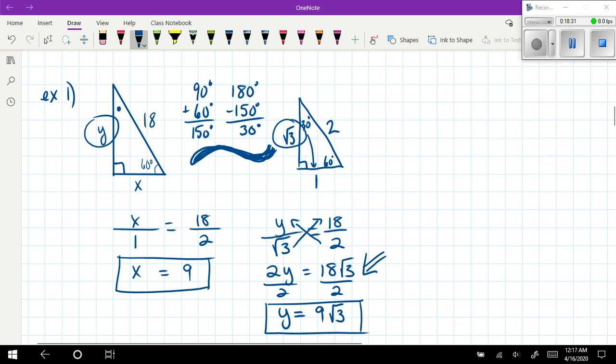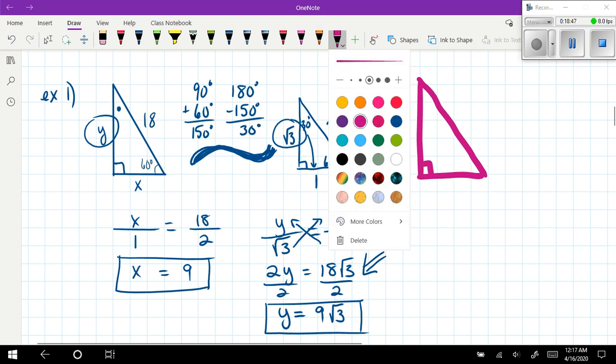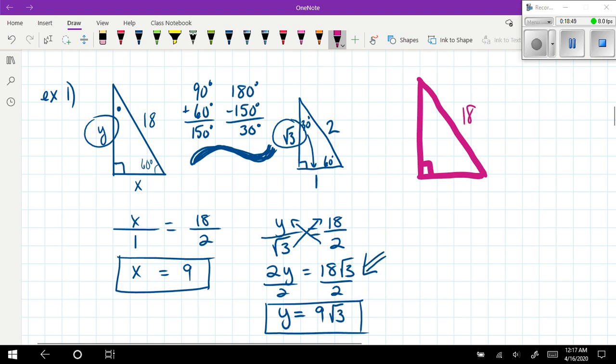I just want to play around with this slightly, just kind of quick like. I'm going to switch colors here, maybe go for purple for a minute. If this were given to me and I've been studying trig for quite a while, and this 18 were given to me here, and I wanted to find this side here, and I knew that this was a 60, and I knew that this was a 30.